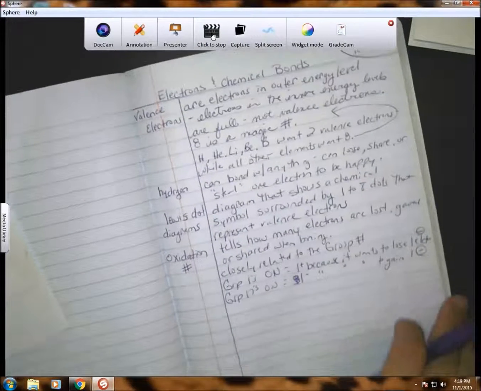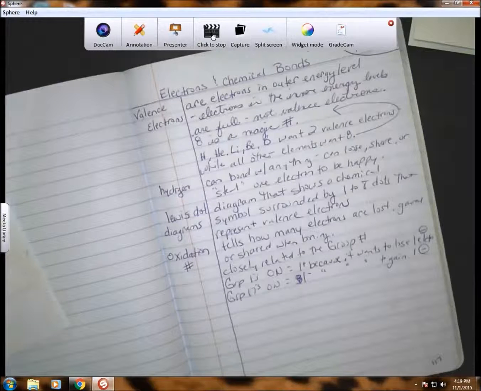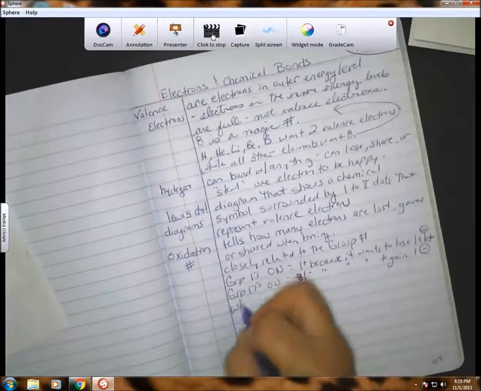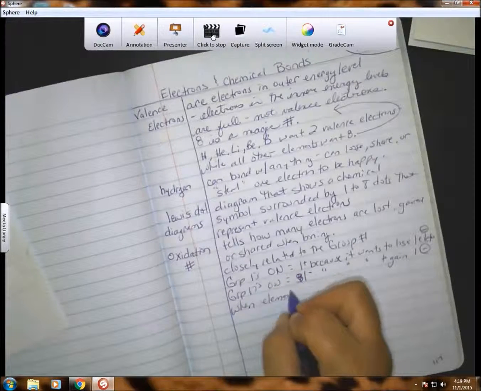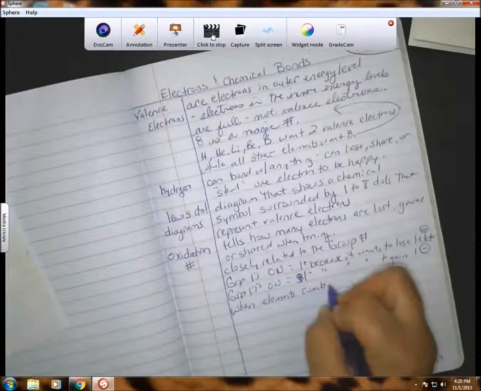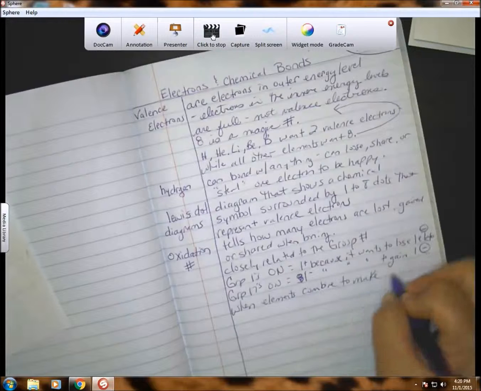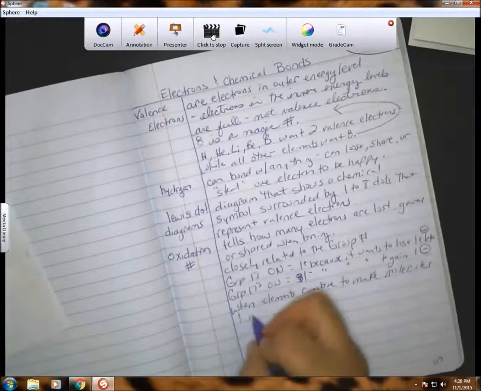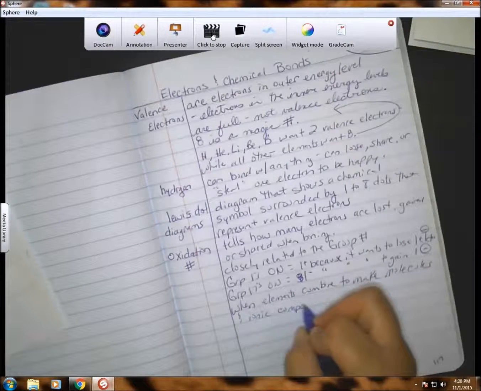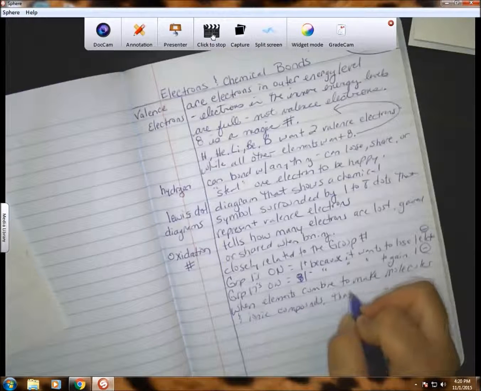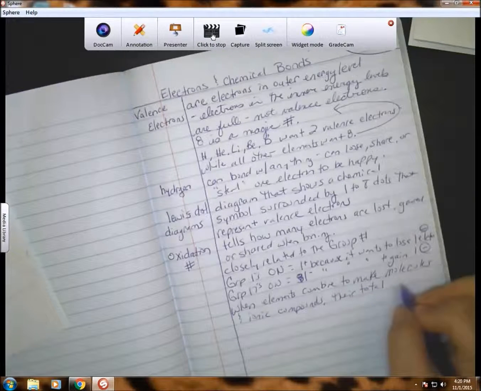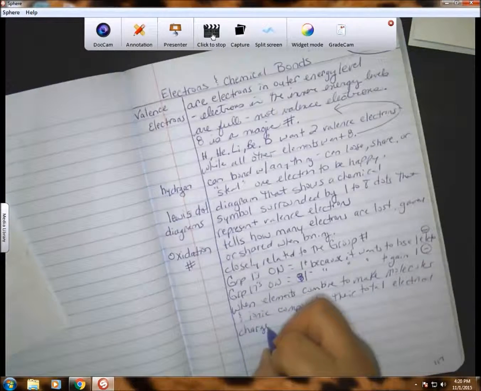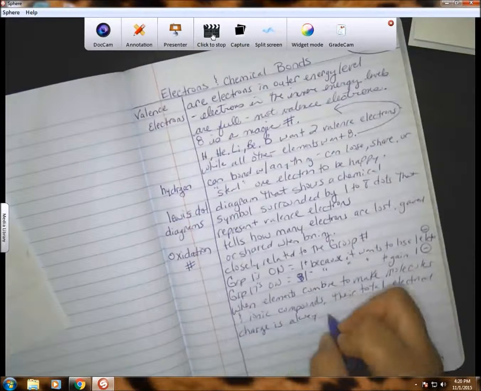I'm also going to put a side note that I didn't read, but you should absolutely know, is that when the elements combine to make molecules and ionic compounds, their total charge, I'm going to write electrical charge just so you know what I'm talking about, their electrical charge is always 0.